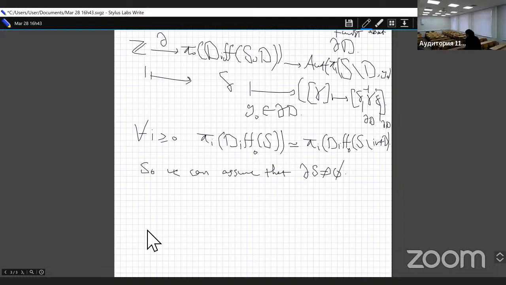For example, if X is compact, then there is a map from maps of X, comma X naught.